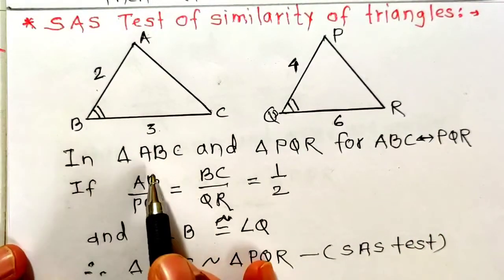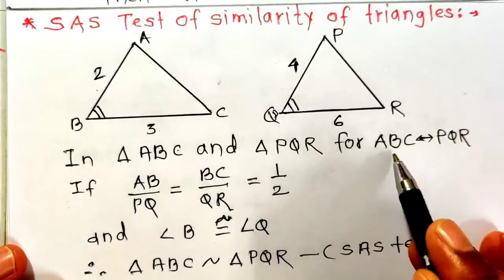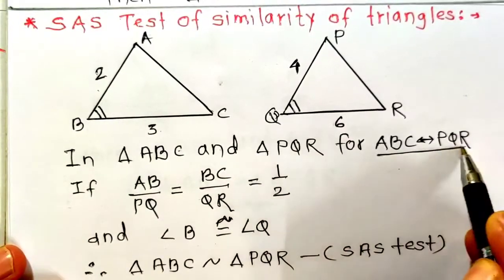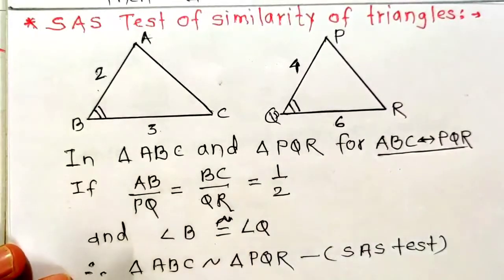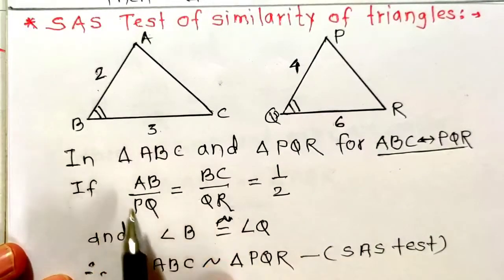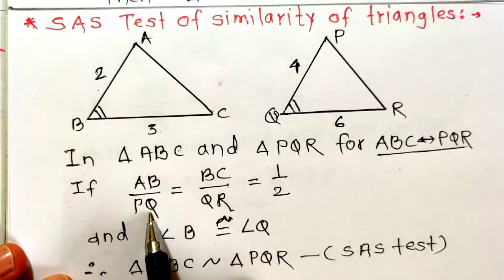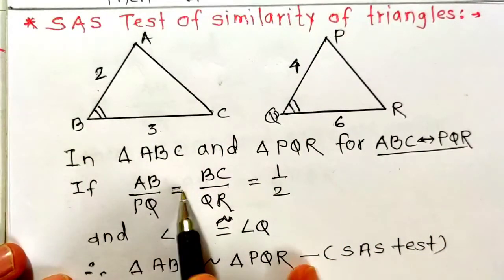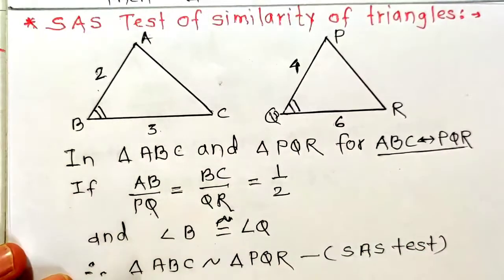Now in triangle ABC and PQR, for the given correspondence ABC one-to-one corresponds to PQR, that is the correspondence between the vertices, AB upon PQ means 2 by 4 is equal to 1 upon 2, and BC by QR, 3 by 6, is again 1 by 2.